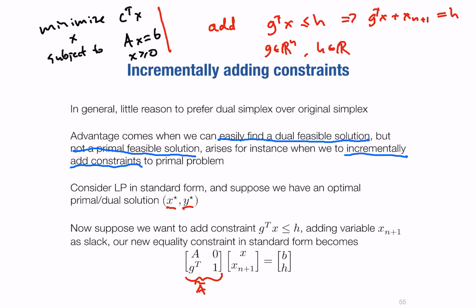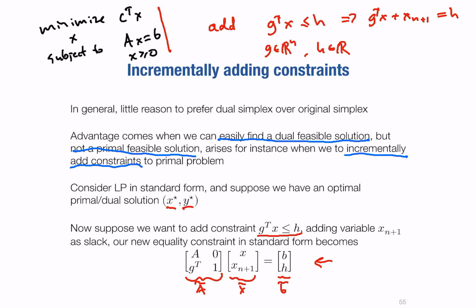This becomes our new x. We have one more term in x, and this becomes our new b. Okay, so I've added one inequality constraint to this, and we now have a new problem in standard form. So the question is, can I find a feasible solution to this problem?